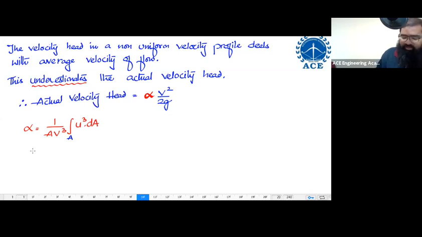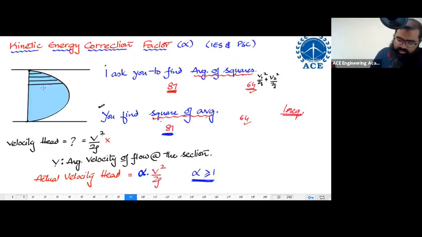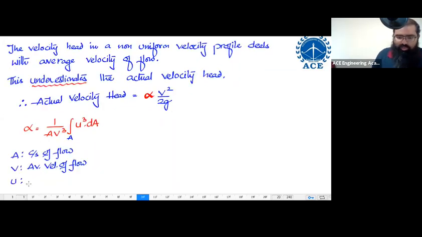What is the meaning of these terms? Capital A here is the cross section of flow. Capital V is the average velocity of flow. Small u, all these are small u's, is the local velocity of flow.